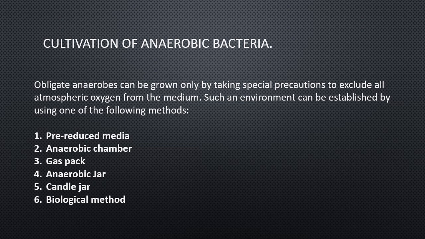Otherwise they will not grow. Such an environment is necessary to be established, and we can do that by using one of the following methods. First is pre-reduced media, then anaerobic jar, gas pack, anaerobic chamber, candle jar and biological method.